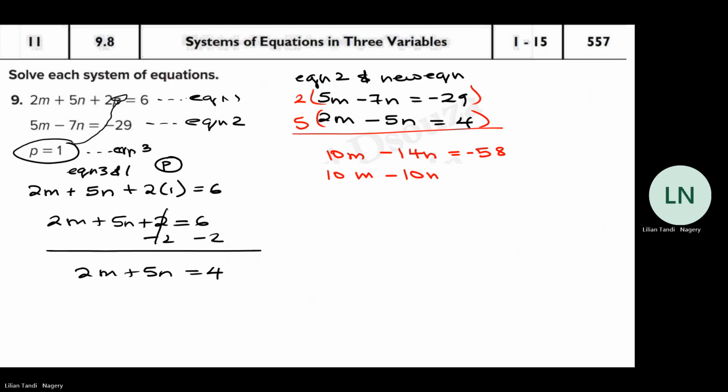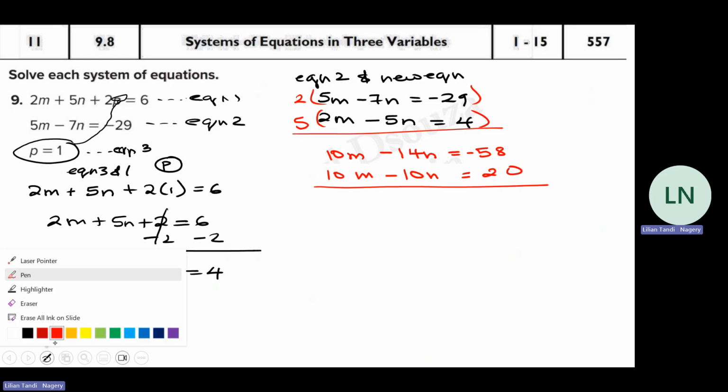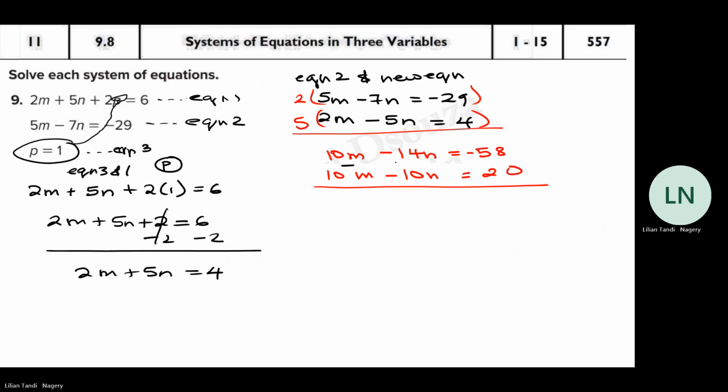Okay. And then this one will be 20. Then, since I'm eliminating m, I'm going to subtract. So this goes away. This becomes negative 4n.